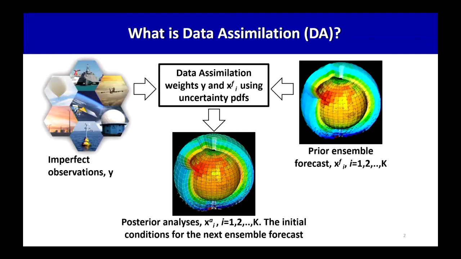So this X letter there, when I write that and it's bold, that is a very long vector. And it lists every single variable in your model. So in a typical atmospheric model, that'll be 10 to the 7 variables, depending on the resolution, 10 to the 6 to 10 to the 8 variables.